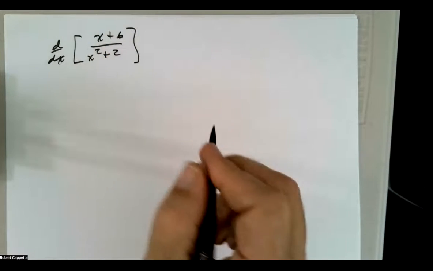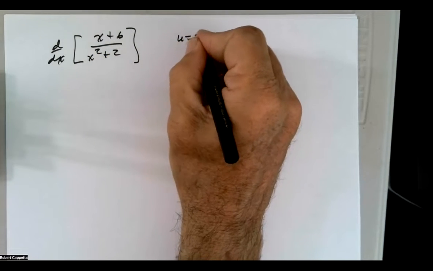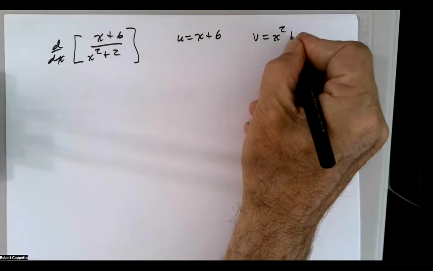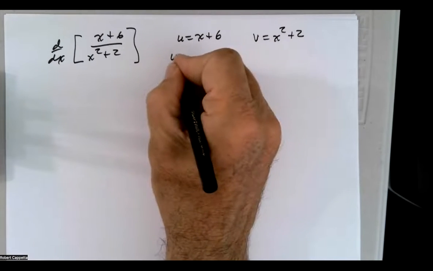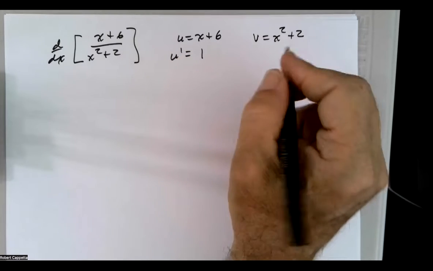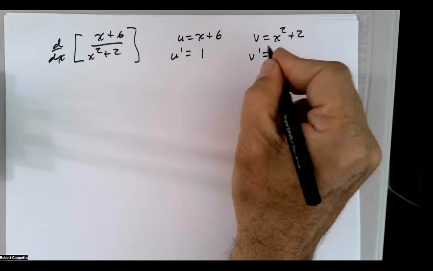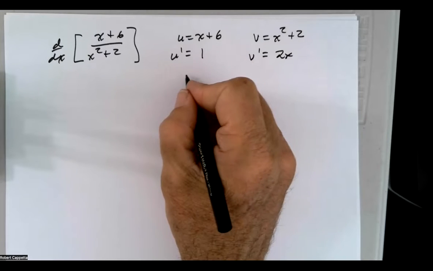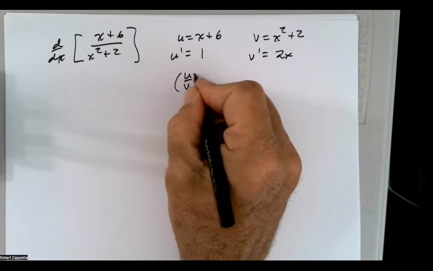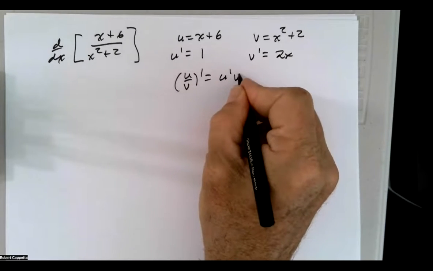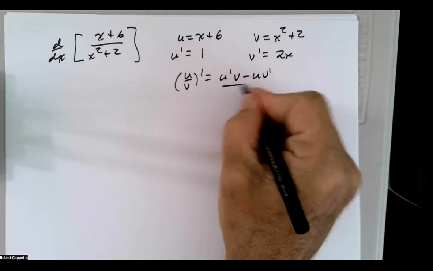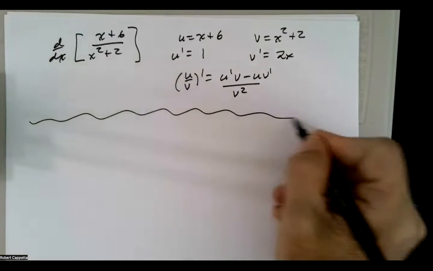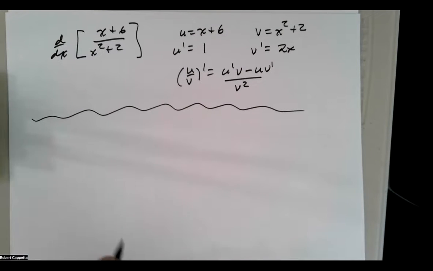I need a u, I need a v. u is x plus 6, v is x squared plus 2. u prime, the derivative of x plus 6, is just 1. v prime, the derivative of x squared plus 2, is 2x. What is our rule? Remember, (u over v) prime is (u prime v minus u v prime) over v squared. Keeping all that in mind, let's go ahead and do this analysis.